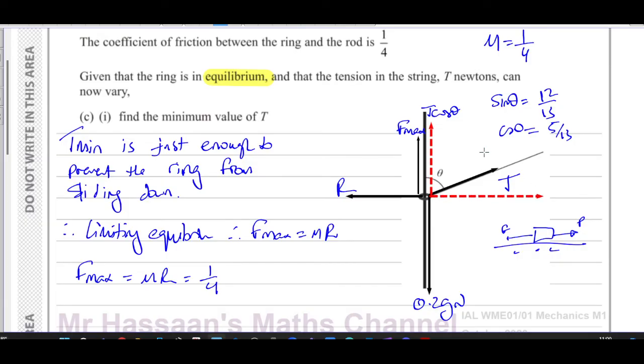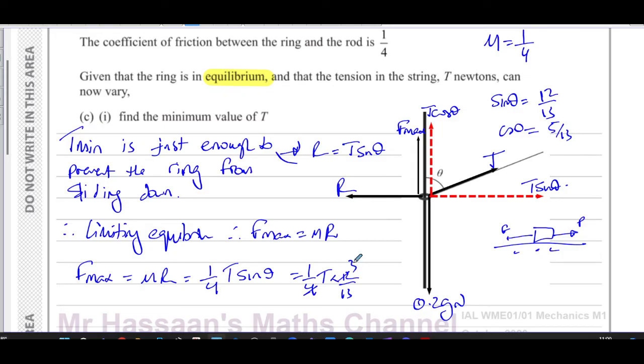So this is going to end up being T times sine alpha. So if we resolve this way, R is equal to T sine alpha. So mu R is equal to a quarter times T times sine alpha, and we know sine alpha is 12 over 13. So it's a quarter times T times 12 over 13.